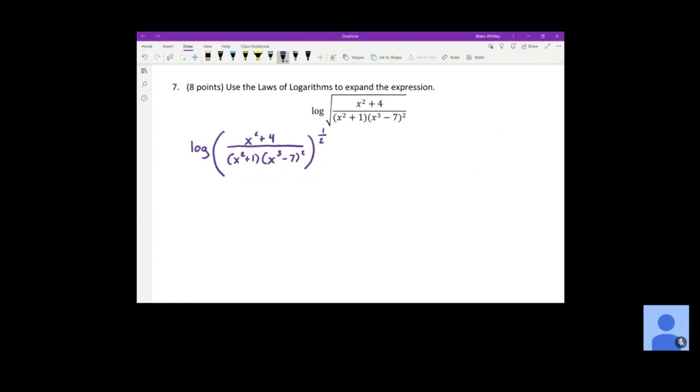Okay, so now let's start applying some of those properties that we know about logarithms. So what's one thing that I could do here? Okay, so we can split up the division into subtraction. Good. What else can we do?